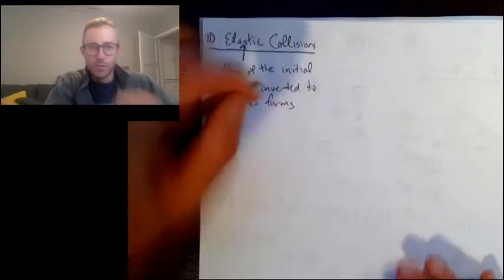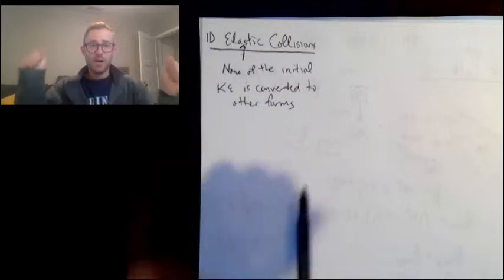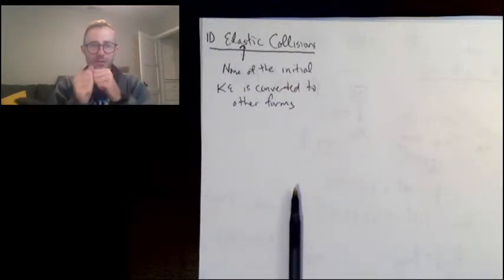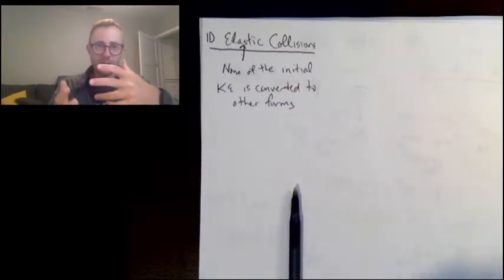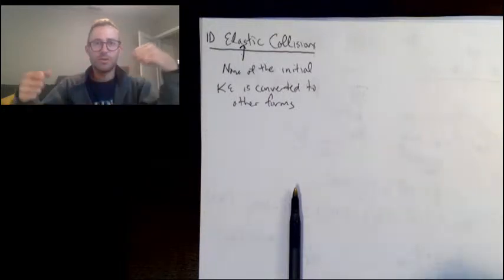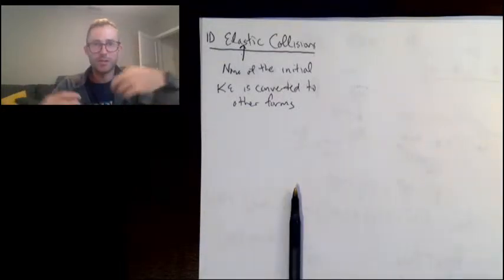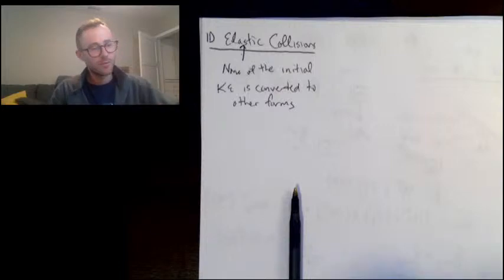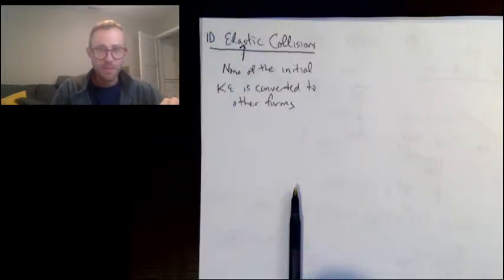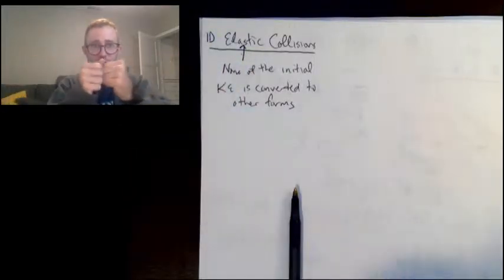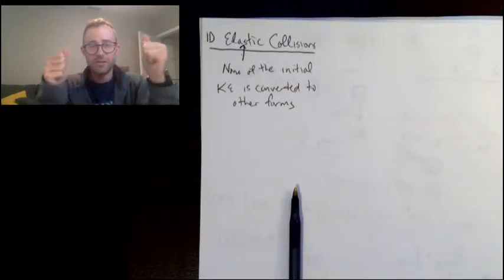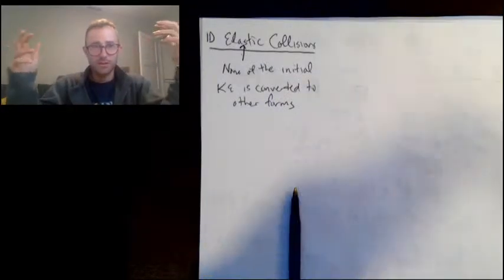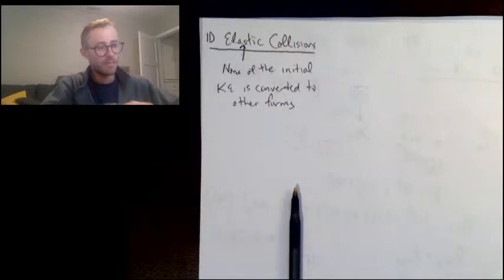Okay? So normally what happens when two things collide is that some of that energy will become heat, or it will become sound, or it will go into deforming the objects or something like that. But if you have an elastic collision, then whatever kinetic energy you started out with is the kinetic energy that the products of the collision will have. Okay?